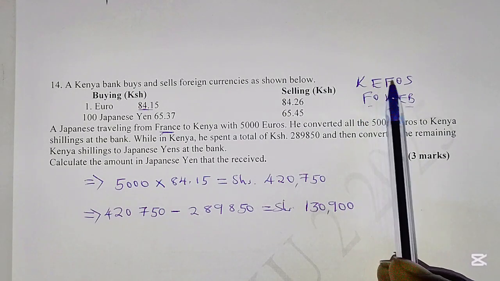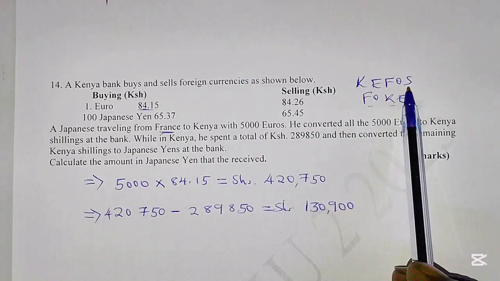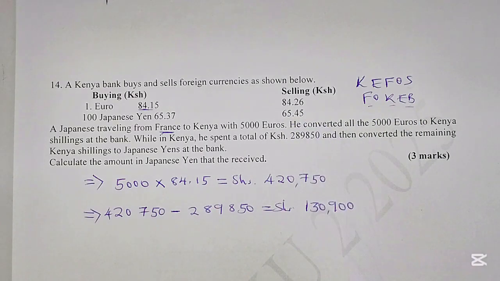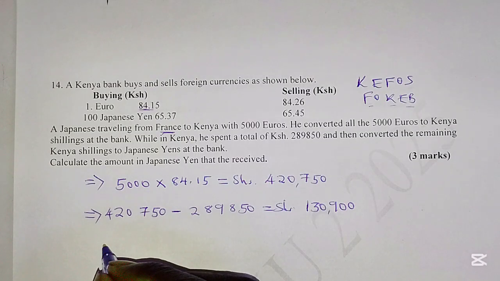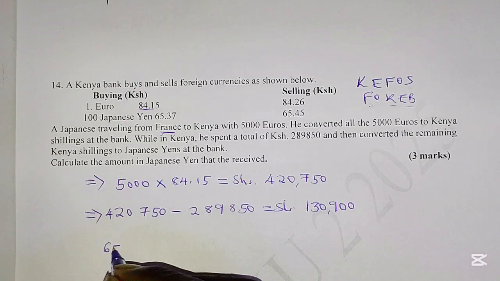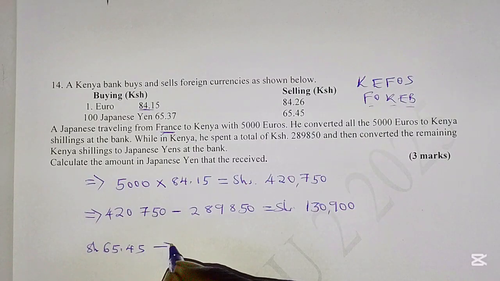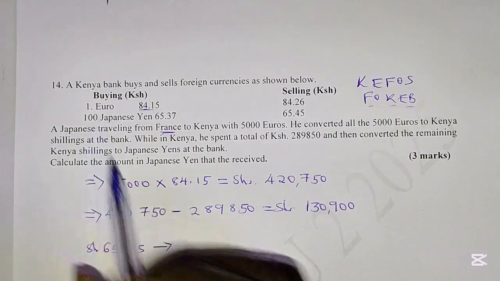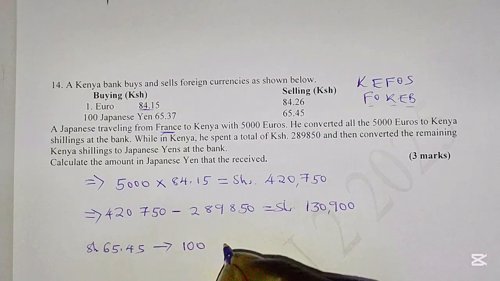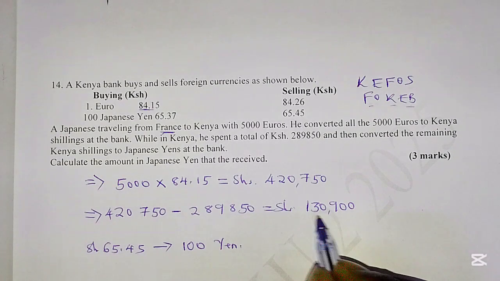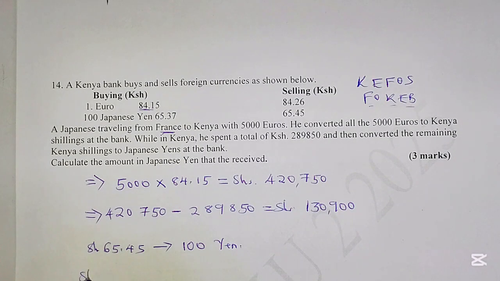Then he converted this money back to Japanese yens. So it is Kenya to foreign, so we are going to use the selling column. So we know that the selling column says 65.45 Kenyan shillings is equivalent to 100 Japanese yens. So what about this money that remained? That is 130,900.